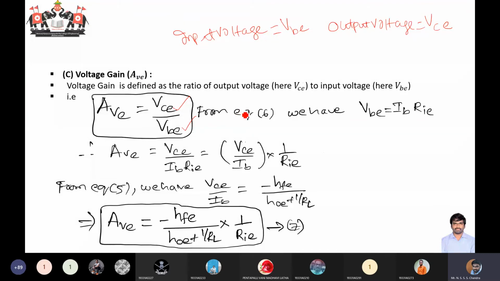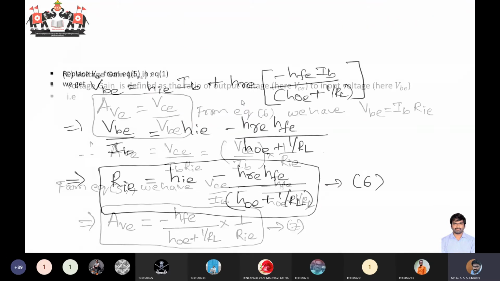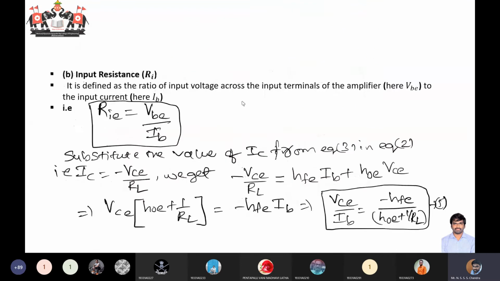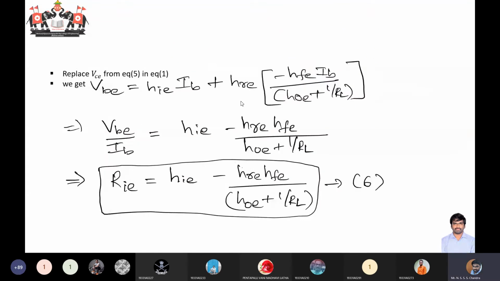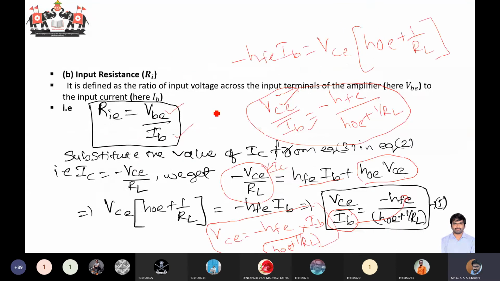So already for the input circuit, or directly from this equation, I can write VBE is equal to RIE into IB. Already we have defined RIE is equal to VBE by IB. So I will be writing VBE as RIE into IB.